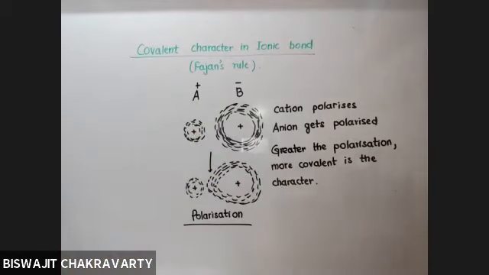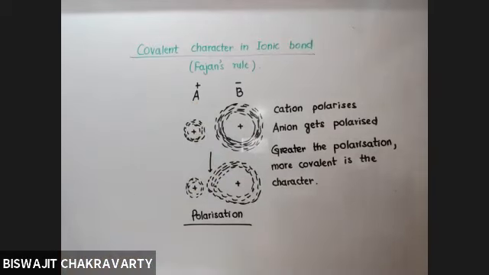Because it is the nucleus which is responsible for attracting these electrons. So if the size of this cation is small, then attraction will be more or not? Yes, sir.